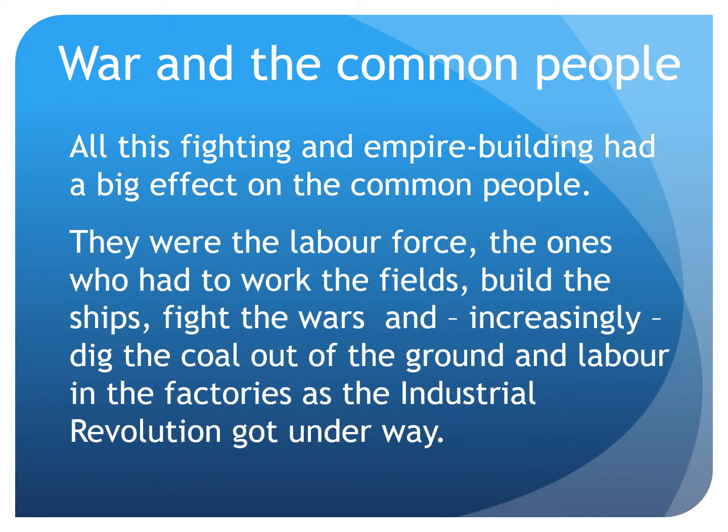They were the labour force, they were the ones who had to work the fields, they built the ships, they fought the wars, and as the 18th century developed and the Industrial Revolution got underway, they were the ones who had to dig the coal out of the ground, they were the ones who had to work in the factories and so on.